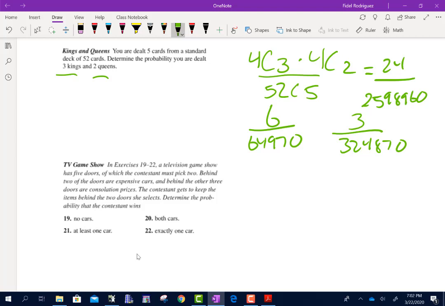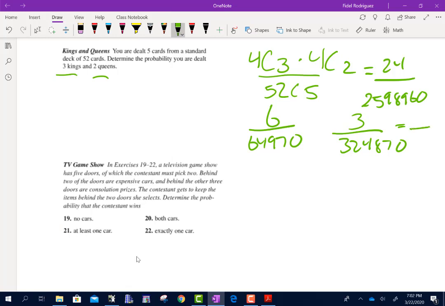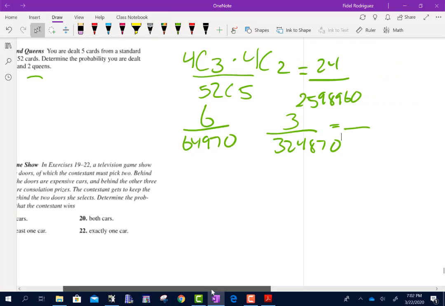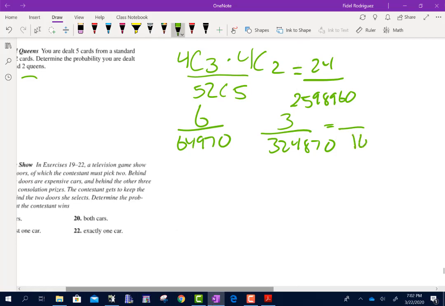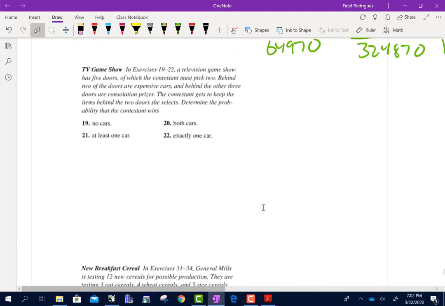And that's 3. The only thing I'm going to try to do now, can I divide it by 3? Well, we could. Okay. So 108,290. Let me just move this over a little bit. 108,290 all over 1. We actually just could have divided them, I guess, by 24 to begin with. I didn't even think about that. But anywho, there we go.